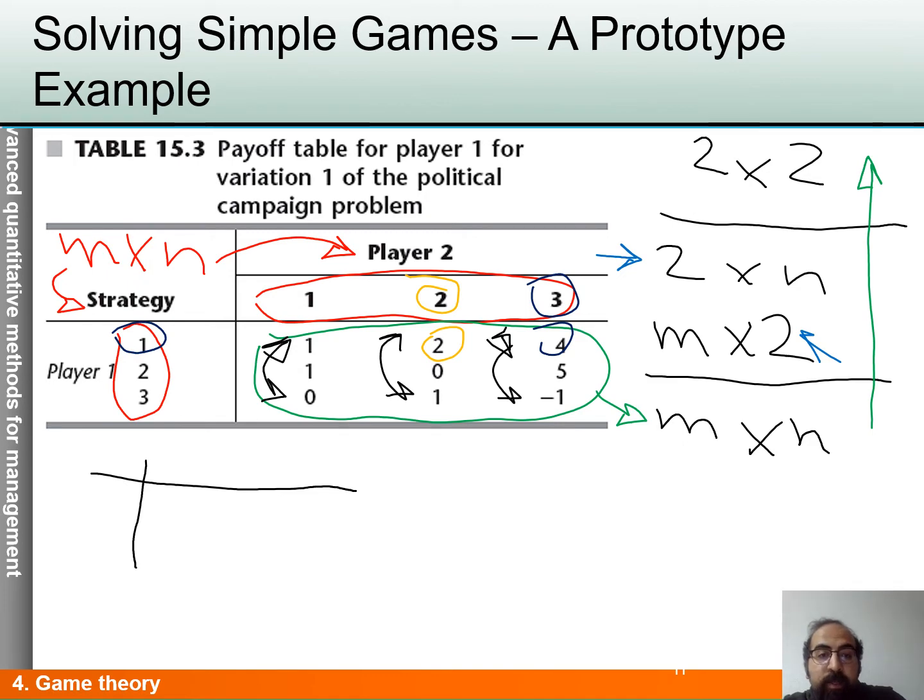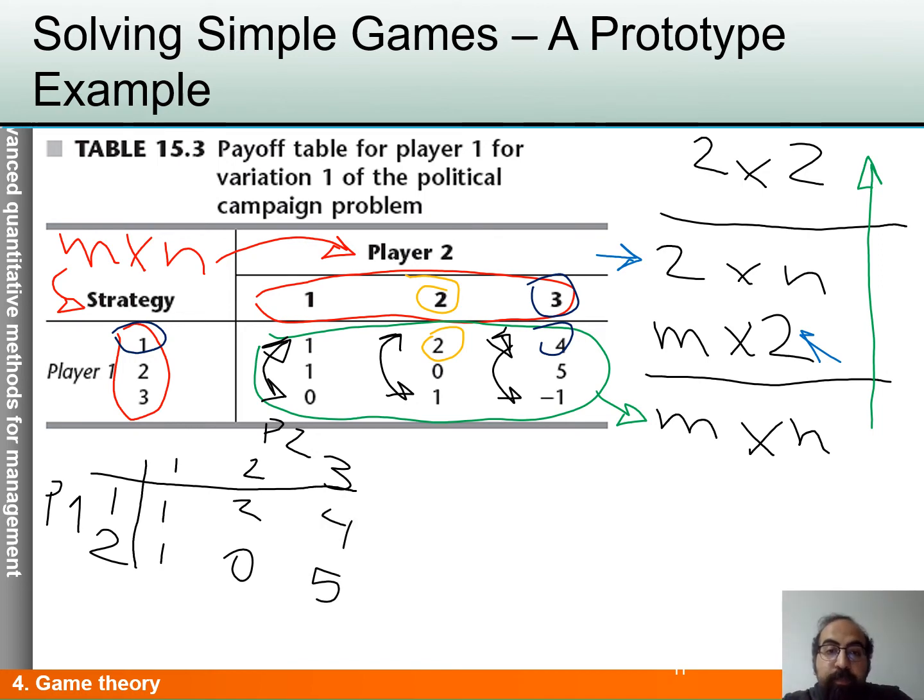Let's see what happens. P1 and P2. It means that it is 1, 1, 2, 0, 4, 5.